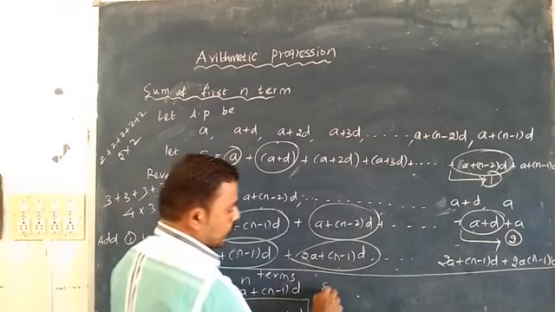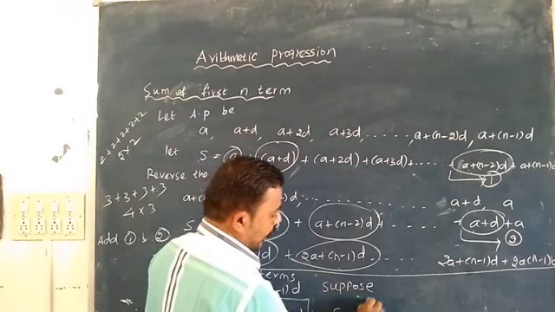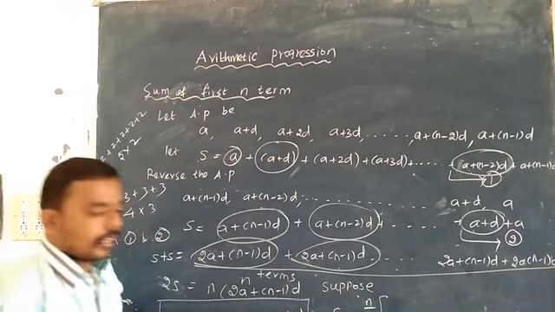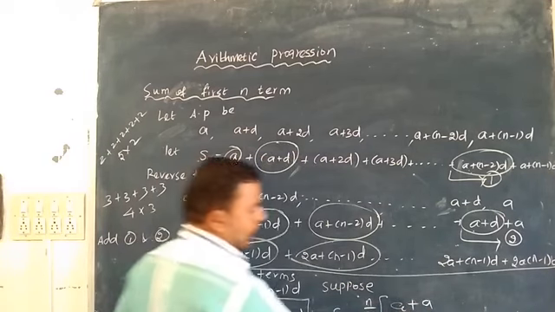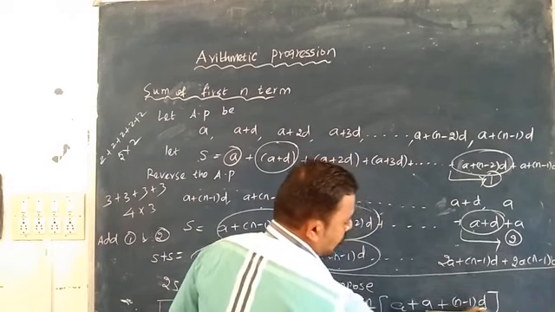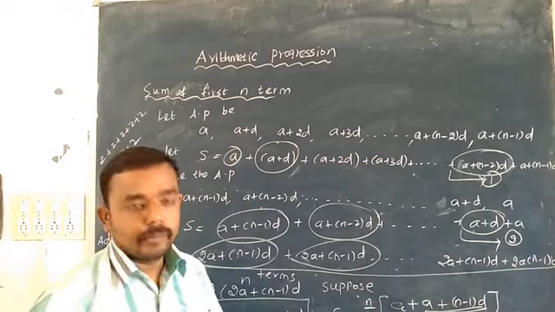Suppose you are going to write S equals n by 2. You are going to split 2a as a plus a, so a plus a plus (n minus 1) into d. Think about this one: a plus (n minus 1) into d is the last number.